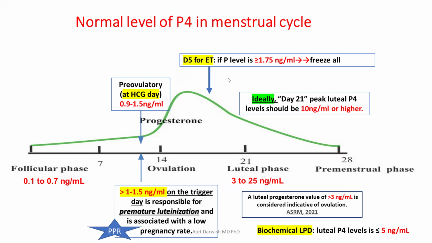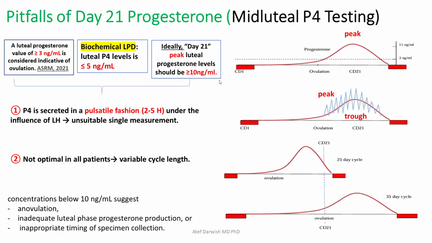We don't know exactly because there are variations in the level of mid-luteal progesterone. That's why the American Society recommended 3 nanogram as a biochemical definition, 5 nanogram, ideally could be 10 nanogram for frozen embryo transfer, because the progesterone hormone is secreted in a pulsatile form, and every day it may have at least 8 to 10 pulses.